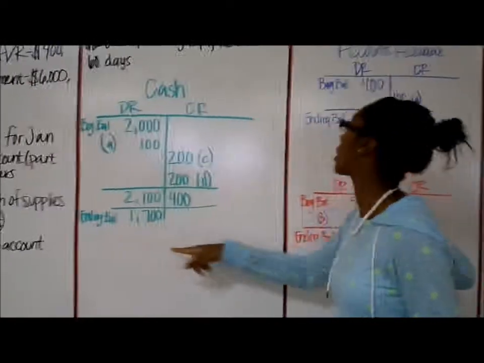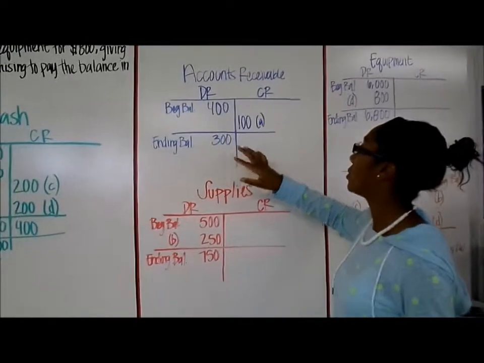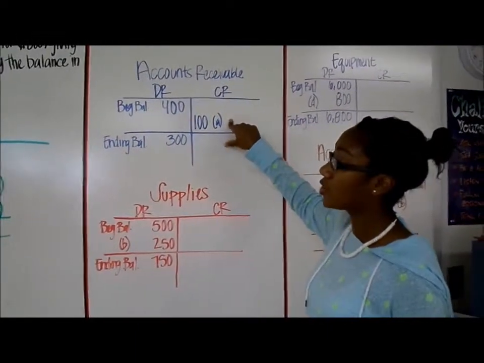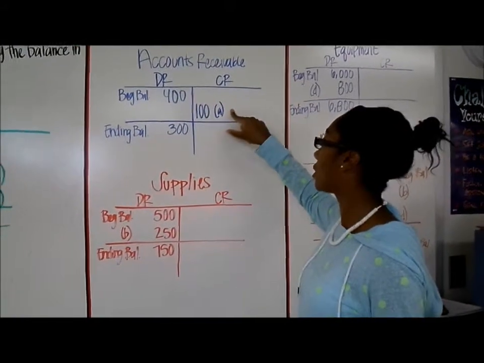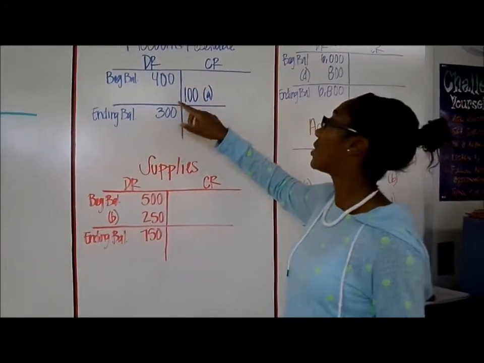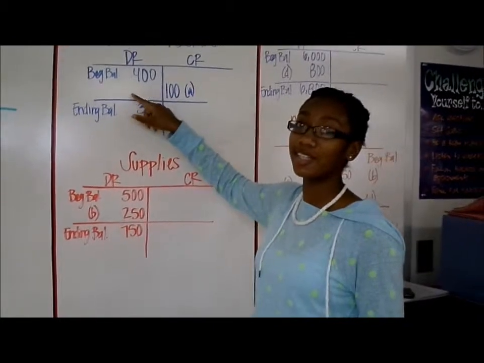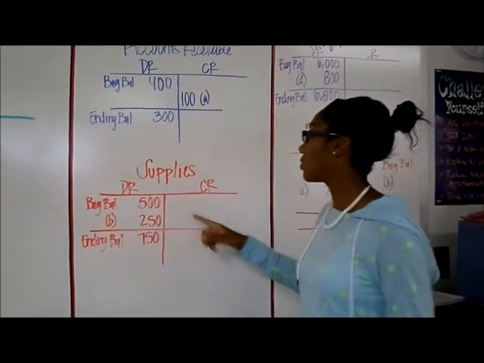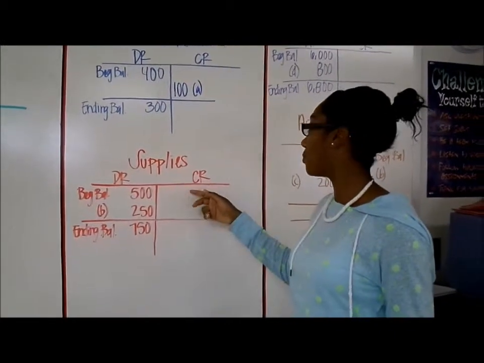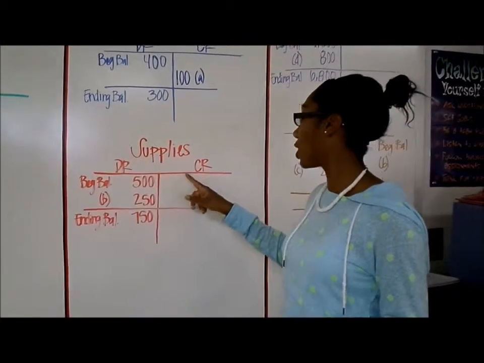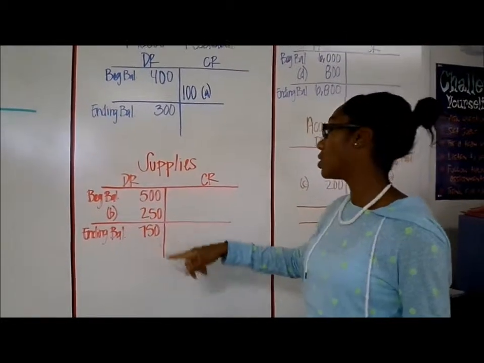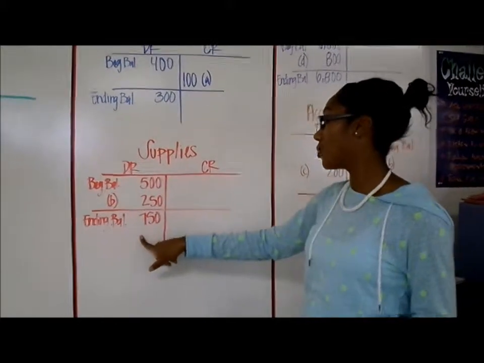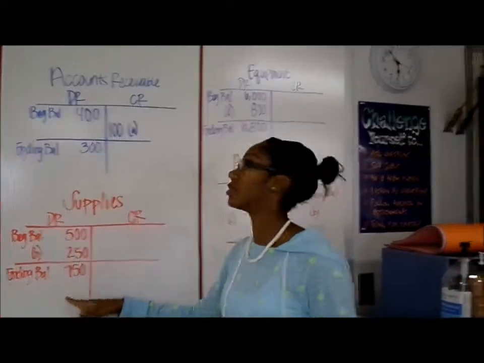For accounts receivable, you have a beginning balance of $400, and then you had the one transaction of $100. So you would subtract $100 from $400, and that would give you an ending balance of $300. For supplies, you had no transactions that were a credit to the supplies account, so you would just add the $500 plus the $250 to give you an ending balance of $750.